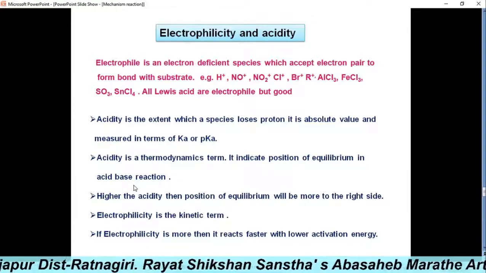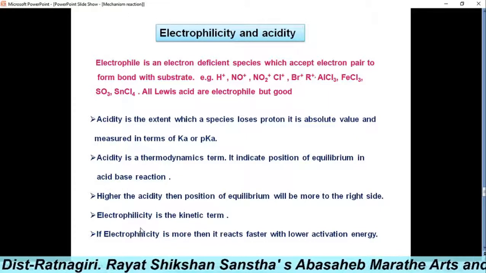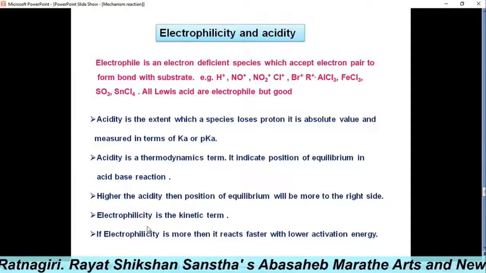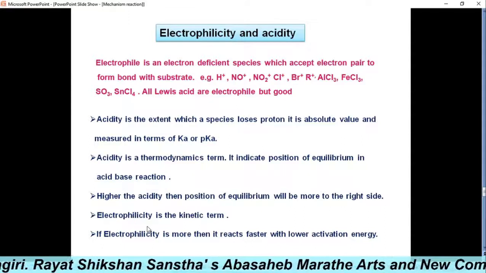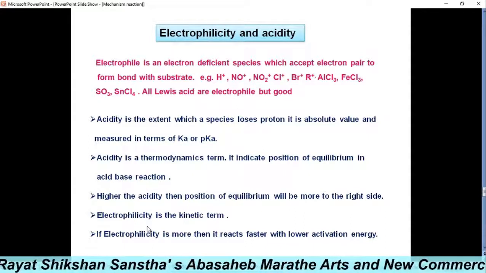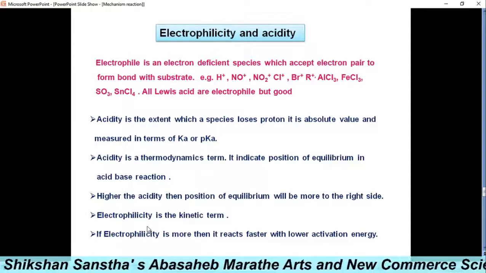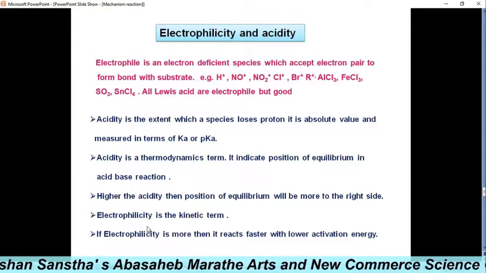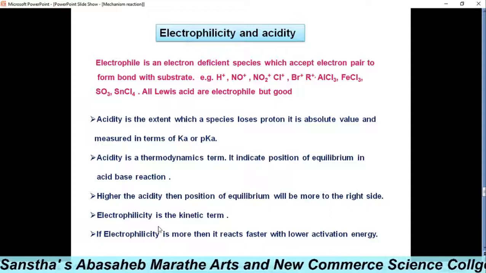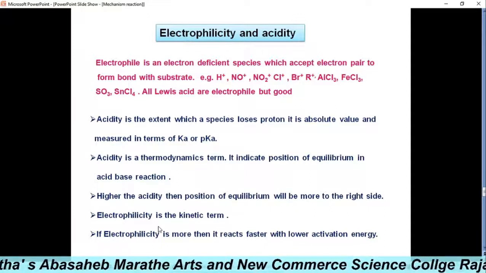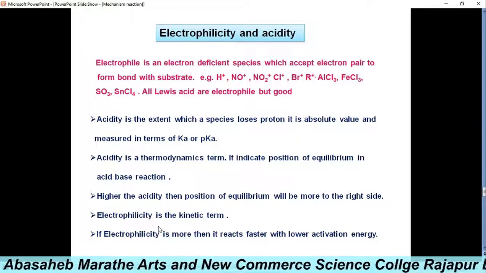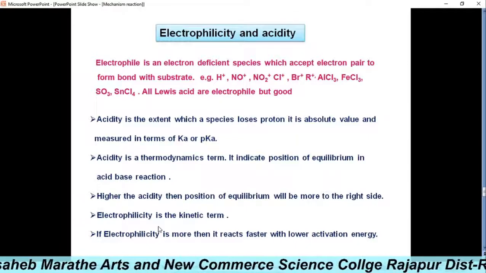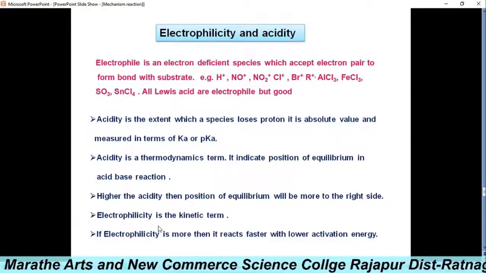Electrophilicity is the rate at which the acid accepts electrons and forms a bond with the substrate. Similarly, we have seen that nucleophilicity is the rate of attack of nucleophiles, the strength of the nucleophile.